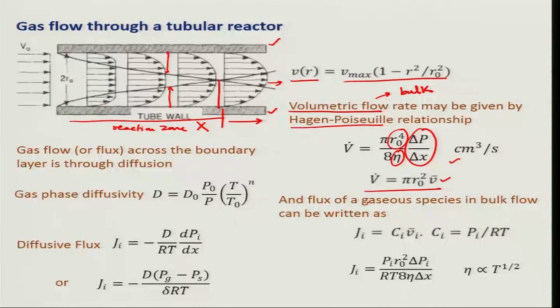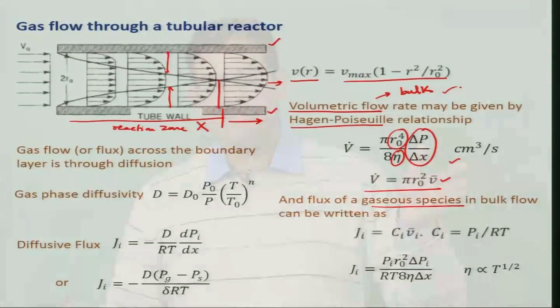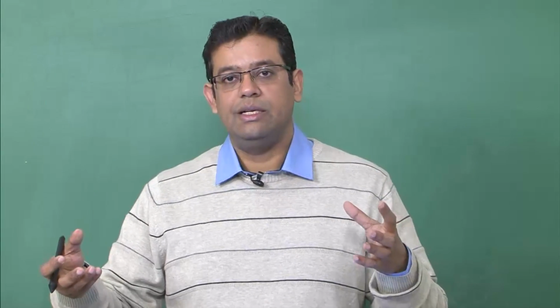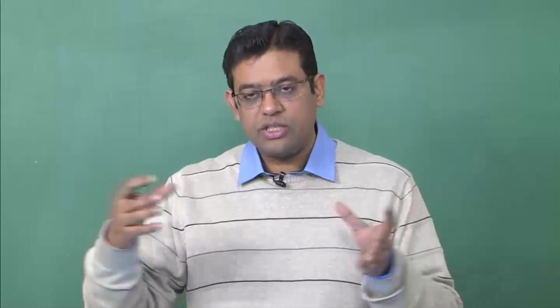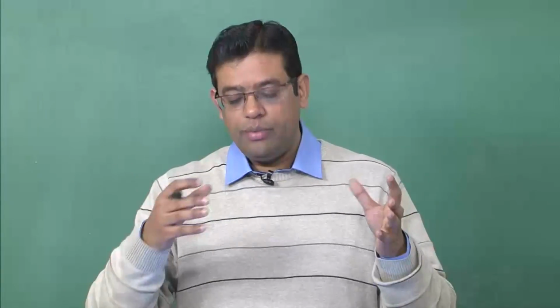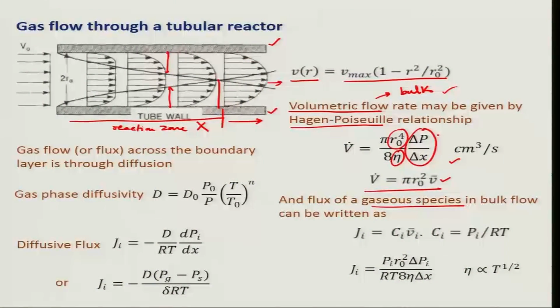And the flux of a gaseous species. My gases are flowing at a certain velocity in the bulk. Now, what is the flux of my species? Suppose I have a mixture of silane, SiH4, and hydrogen. The average velocity would relate to the total pressure gradient.